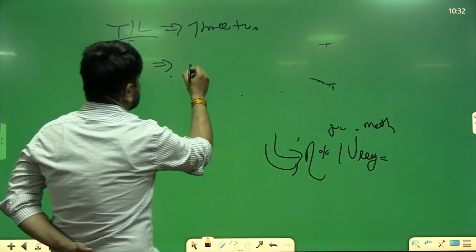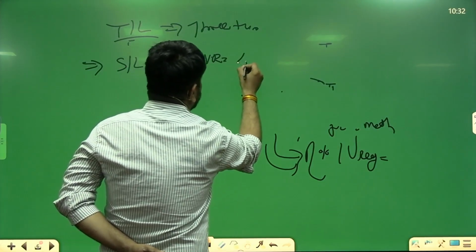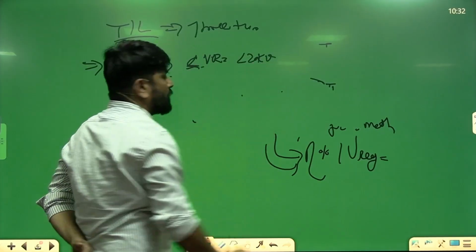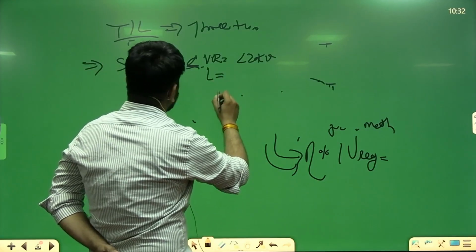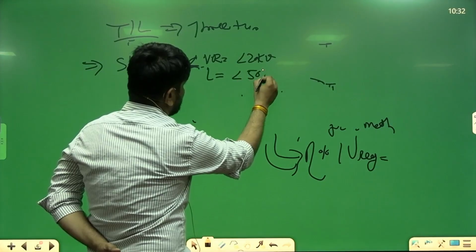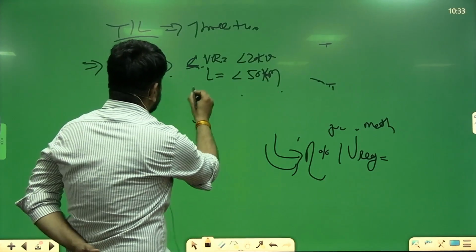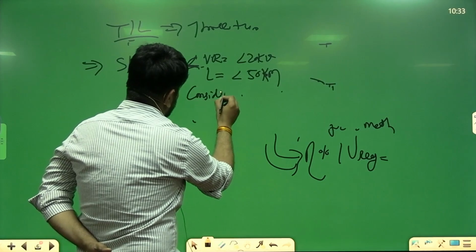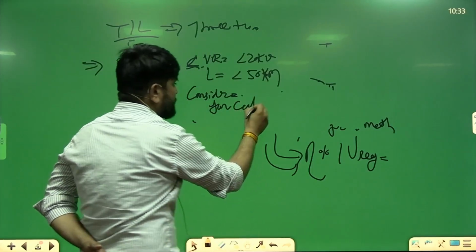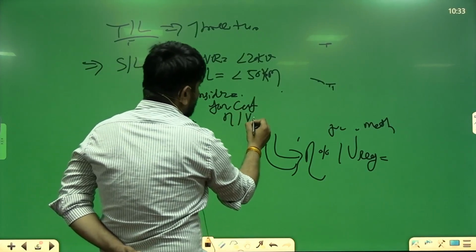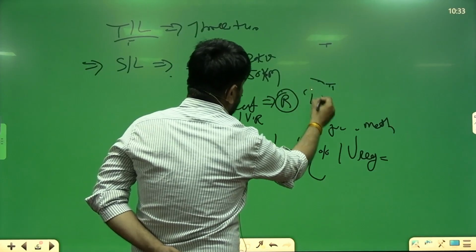In this, the voltage rating will be less than 20 kV, and the length will be less than 50 kilometers, sorry, 15 kilometers. We consider resistance and inductance for calculating efficiency and voltage regulation.